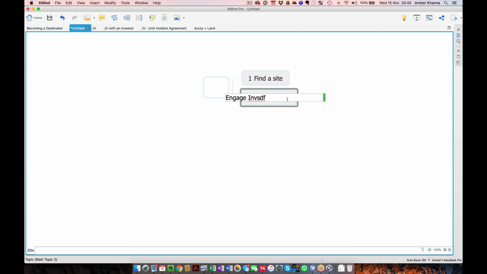This has to happen side by side because you can't settle on the site on your own. You've got to have some investors by your side. So once you've got some sort of commitment, even if it's a handshake, that yes, I'm interested, then you know this is what I'm getting.